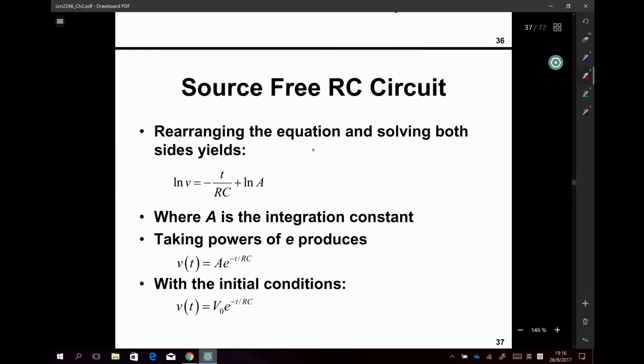Now, after we solve our integral, we can get this formula, where ln v equal to minus t over RC plus ln A. Ln A, you may consider that it is an arbitrary constant.